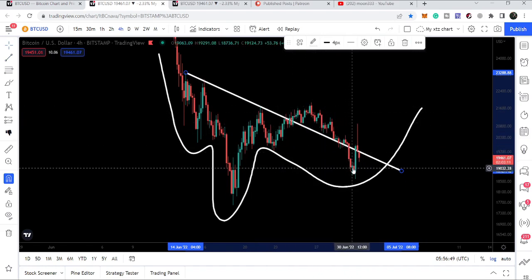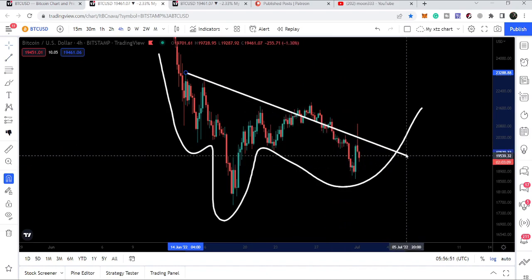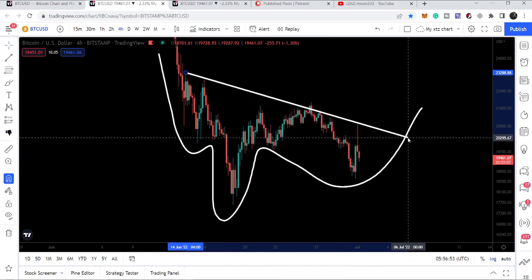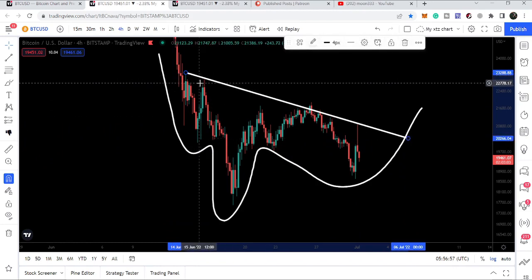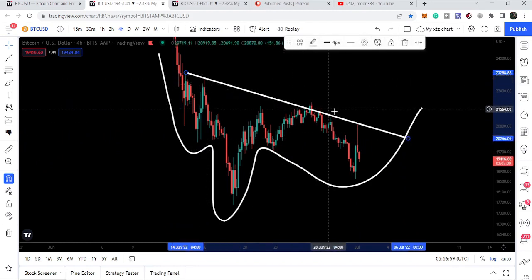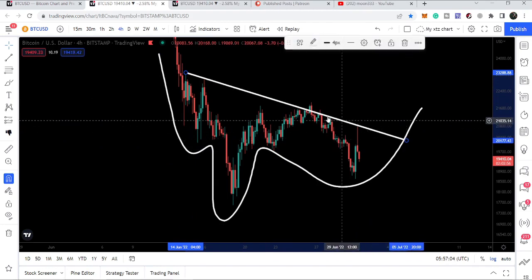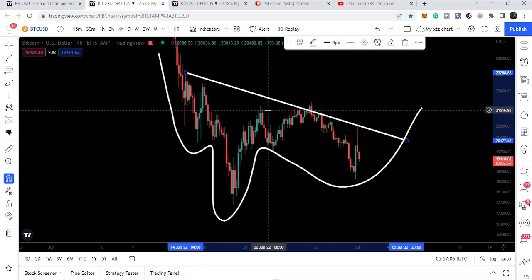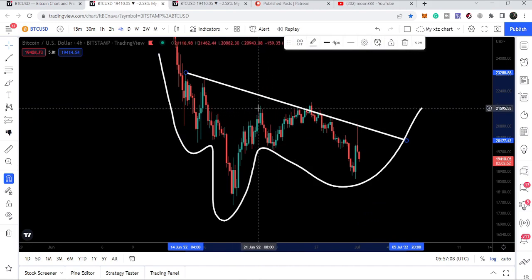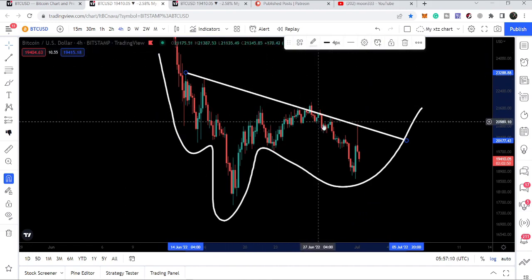We broke it down, and now after this drop we can also adjust this neckline here. Now we have several rejections here, and several rejections. We have more rejections here, and we only need to ignore this rejection from here. And now we have the neckline of the inverse head and shoulder pattern here.